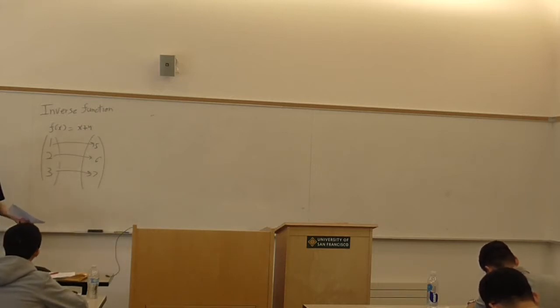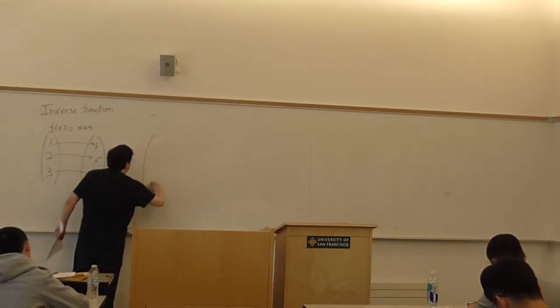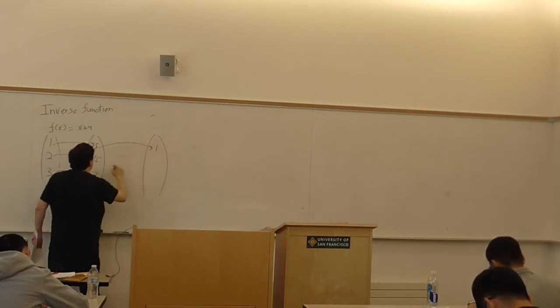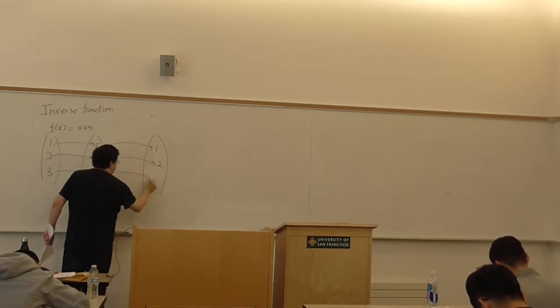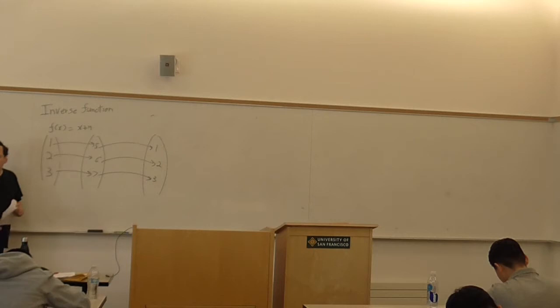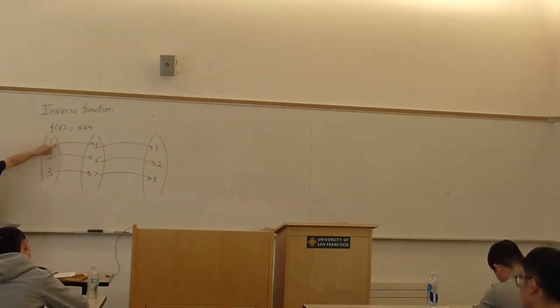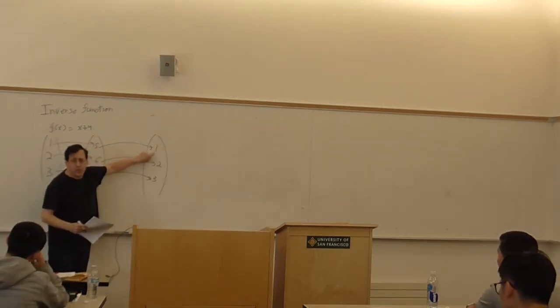Well, I might have another function that now takes this range as a domain and takes 5 to 1, 6 to 2, 7 to 3. In other words, it takes these values that the original function sent to 5 and sets them back to where they came from.